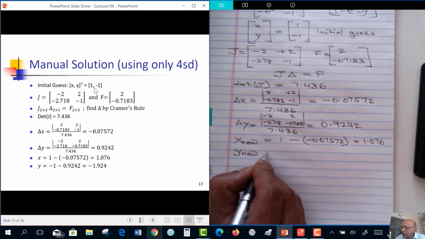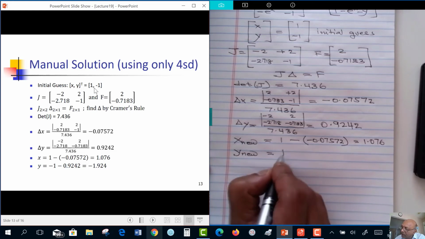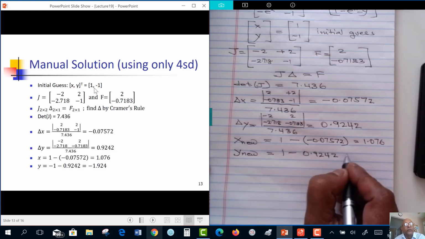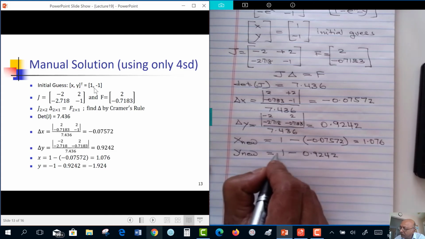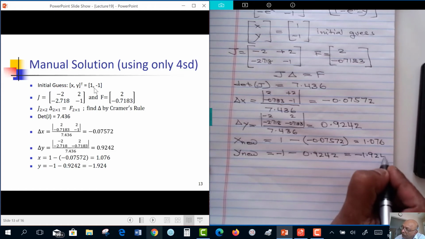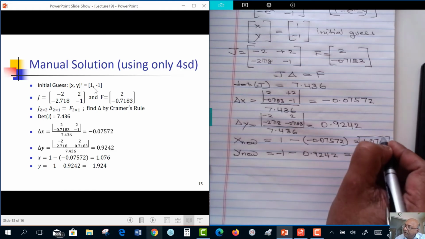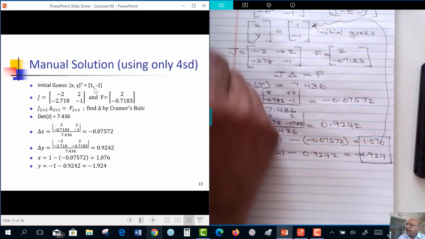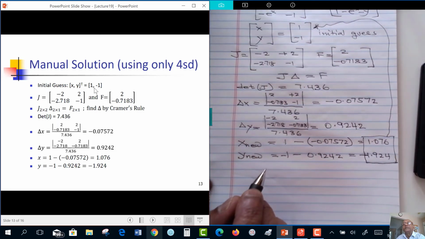And our y new would be minus 1 minus 0.9242. We'll get minus 1.924. So this would be our new guess, and we are going to put it in here and repeat this whole process.